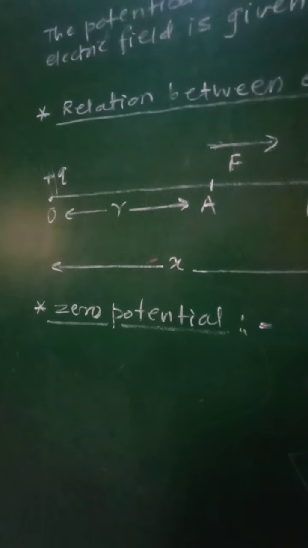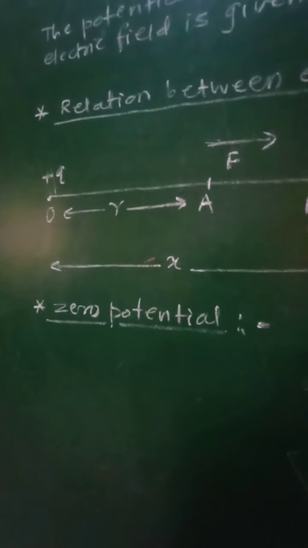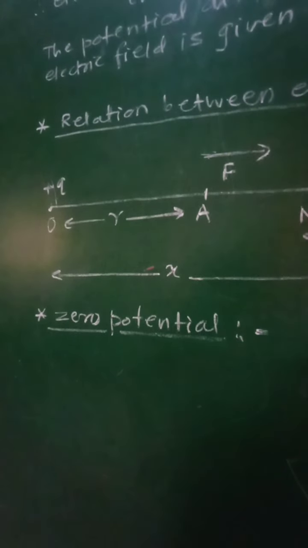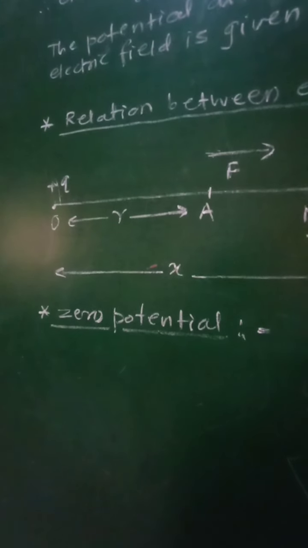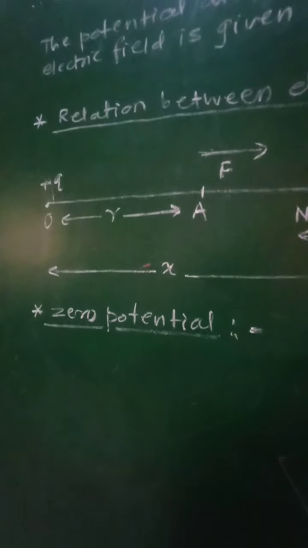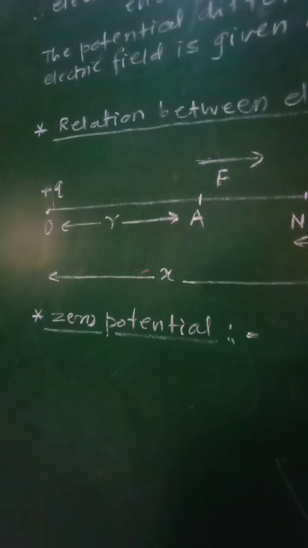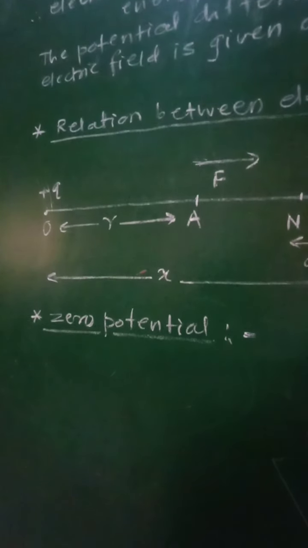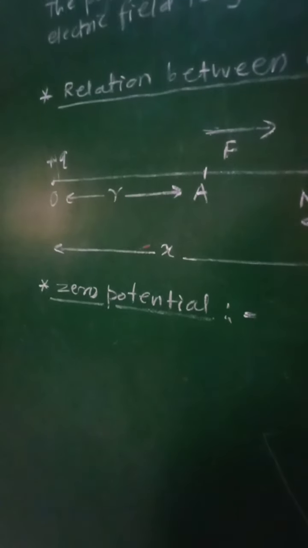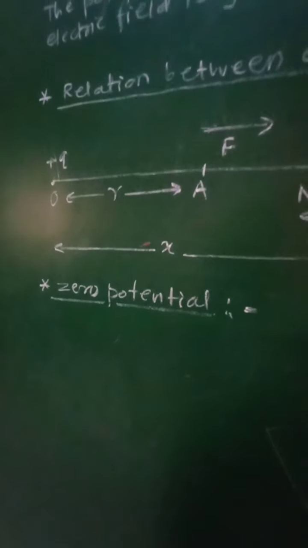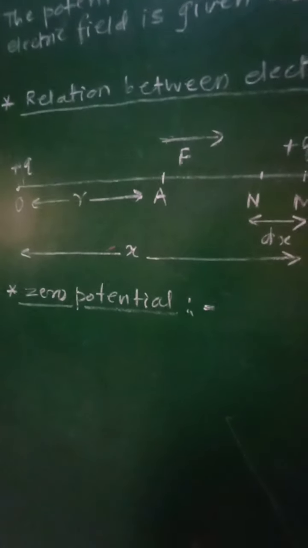Once the zero point of the potential is set, every potential will be measured with respect to that reference potential, and the zero potential is set conveniently. So zero potential is nothing but the reference potential with respect to which all other potentials will be measured.